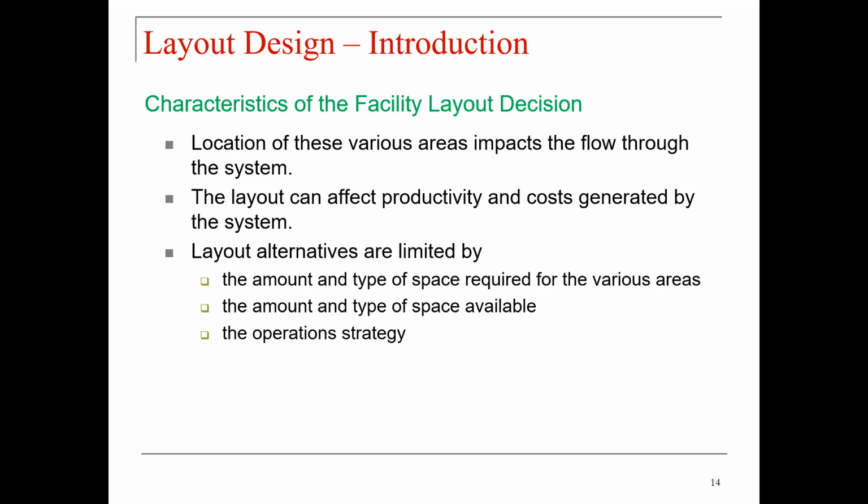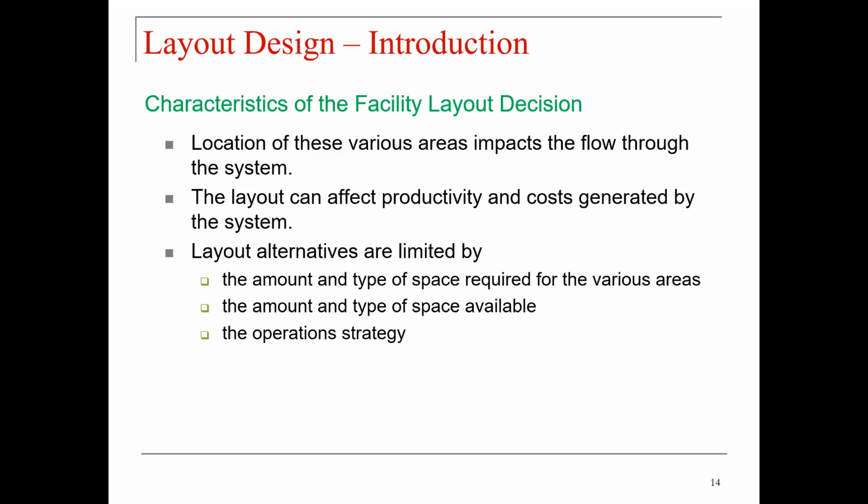So that's the type of information that we will need to know in order to make those decisions. Oh, how much flow is happening between these 2 areas? So if you have an office, let's say you have a production planning office, and then you have the production floor. Typically, there's a lot of information going on between planning and the actual production. So you want to make sure that those 2 departments are located close to each other and so on.